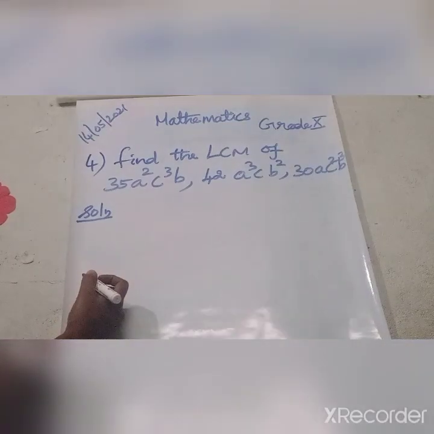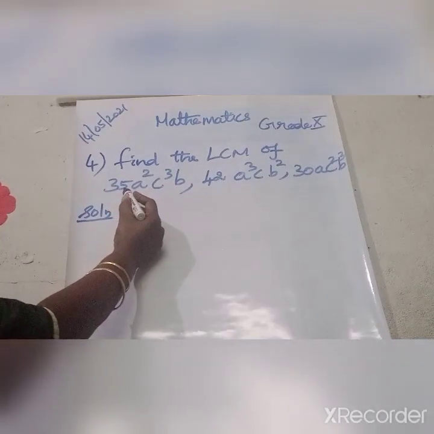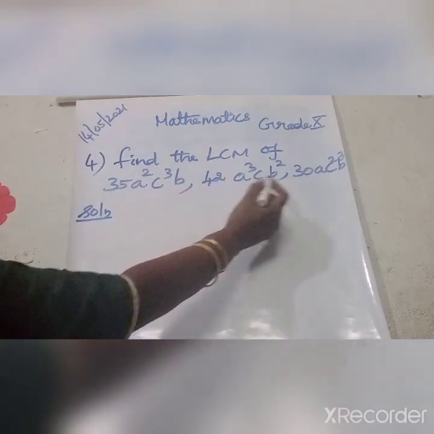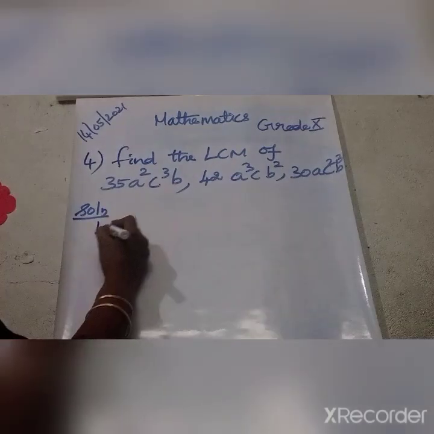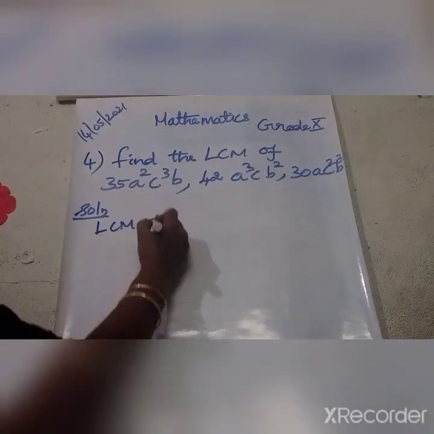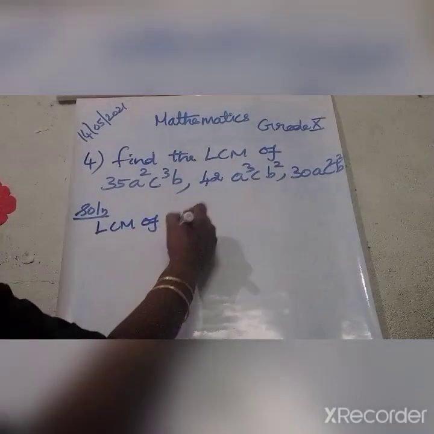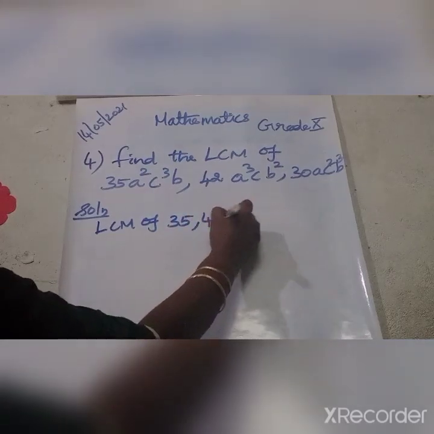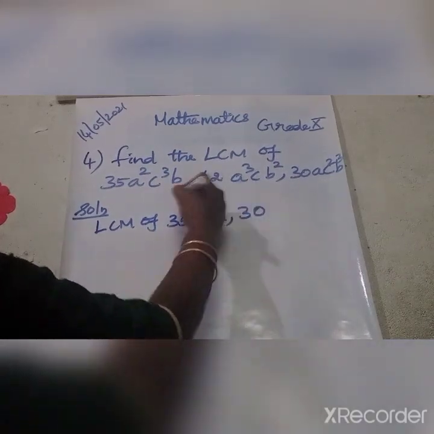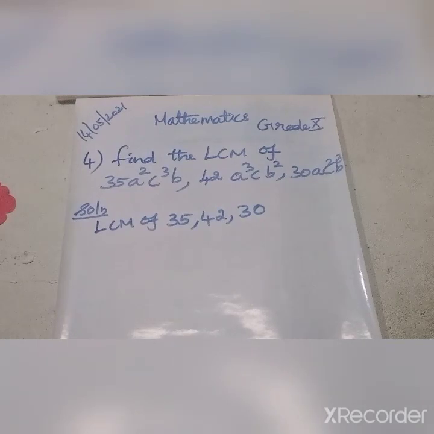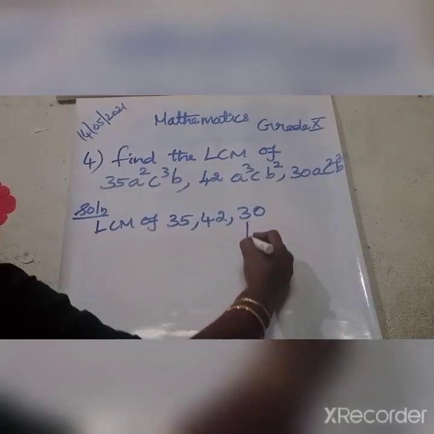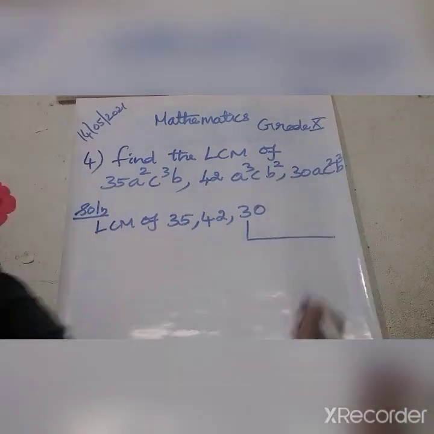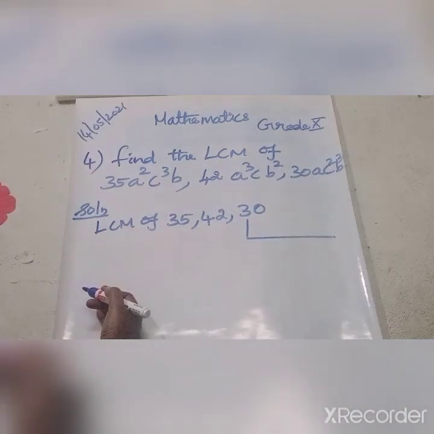We have to find the LCM of 35, 42, 30. The division method can be used together, or it can be done separately.